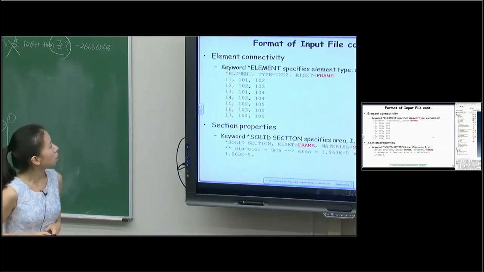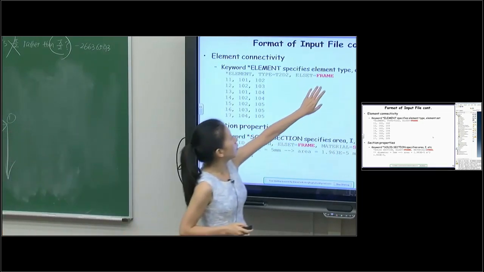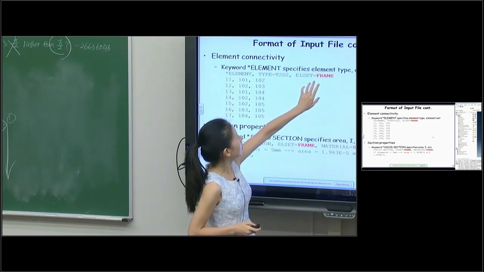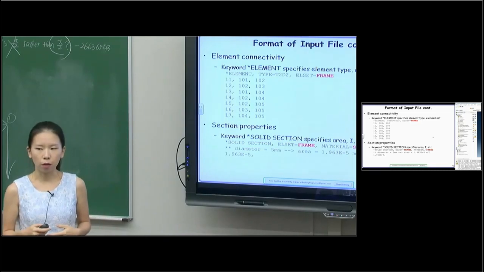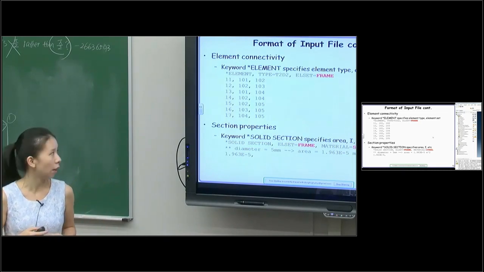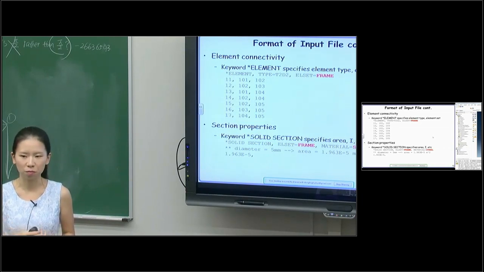So this is element set frame. Frame is a name that you define, as when you use the graphic interface. Last time I didn't change any name. I used material 1, section 1, and job 1, right?